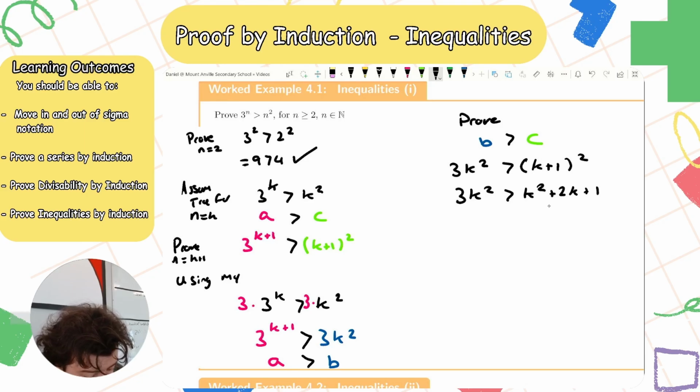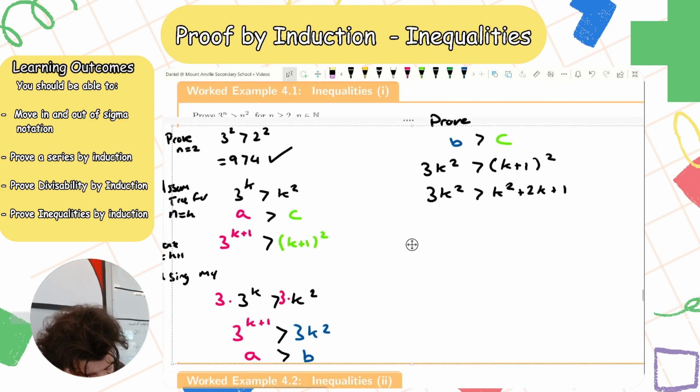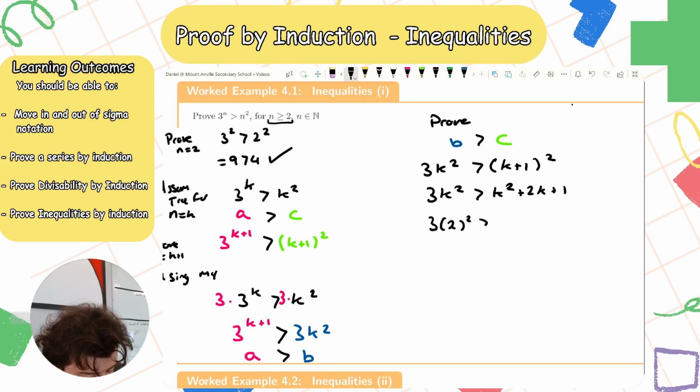So we're going to show this is true for n greater than or equal to 2, because it's going to be 3 times 2 squared is greater than 2 squared plus 2 times 2 plus 1. So 3 times 4 is 12. 12 is greater than 4 plus 4 plus 1, which is 9. That's true.